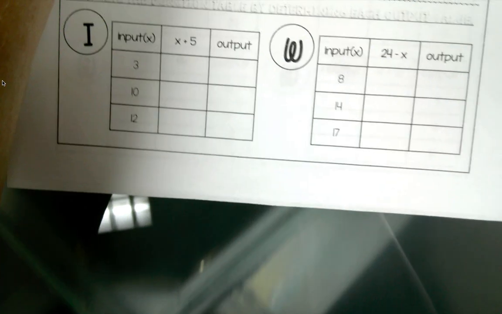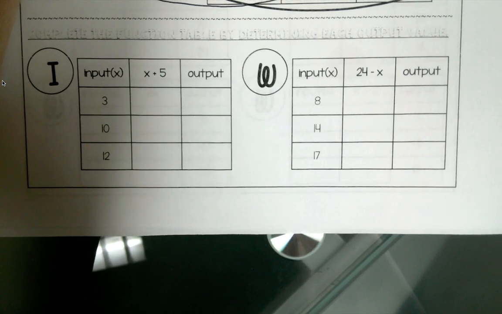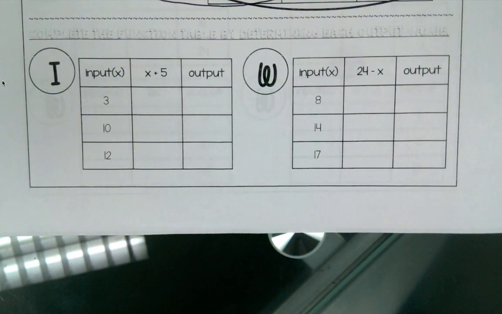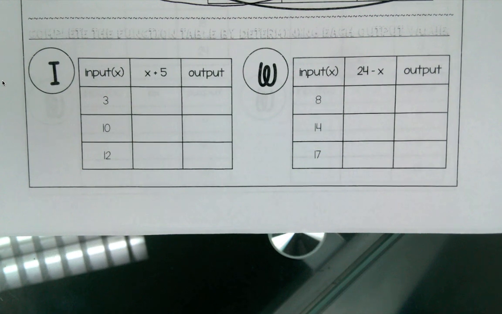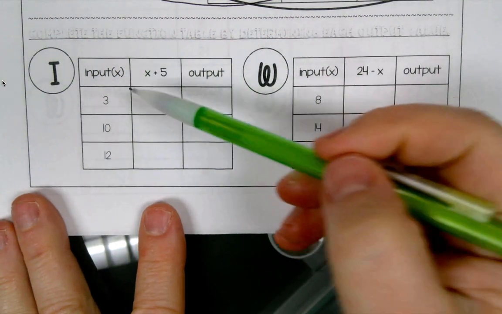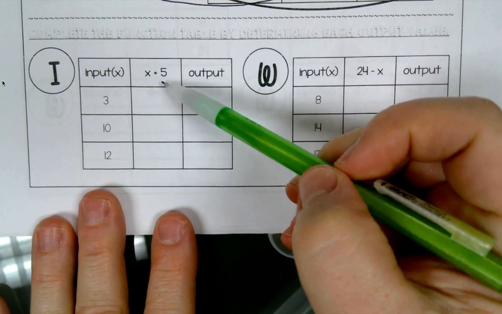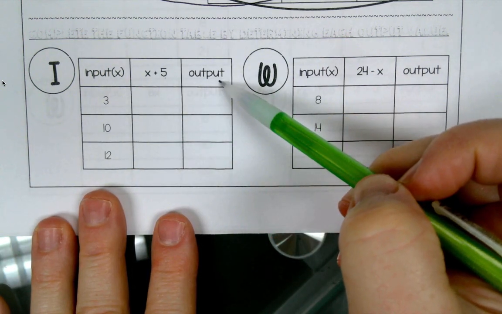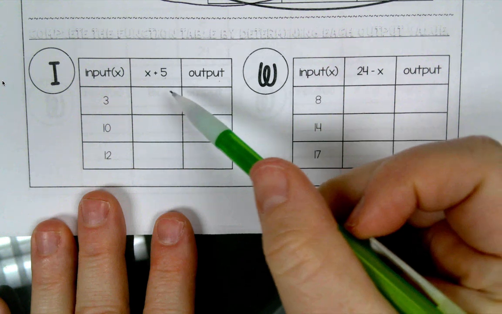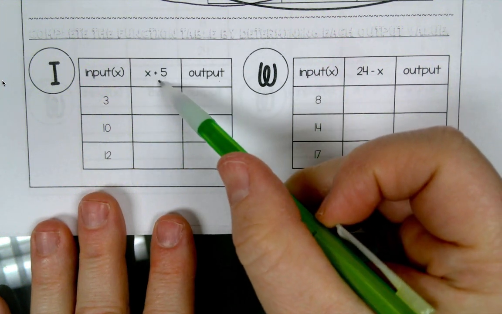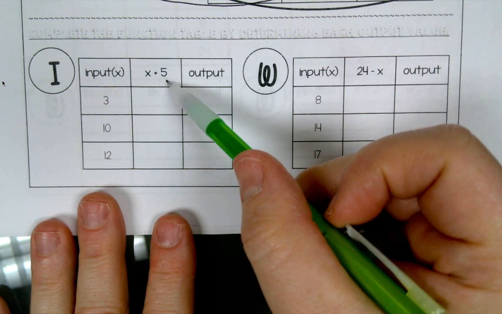Okay, so come down here. So here we're going to complete a function table to determine each output. So here we have our input in this column right here. They give us our function rule, and now we have to determine the output. So they're saying a variable x plus a constant 5.